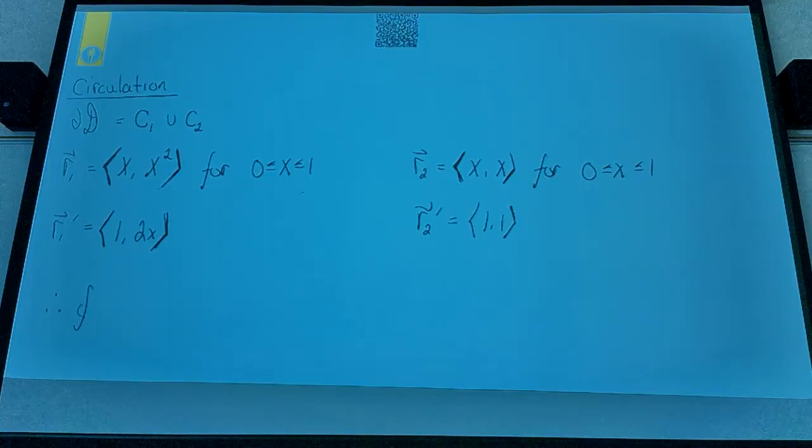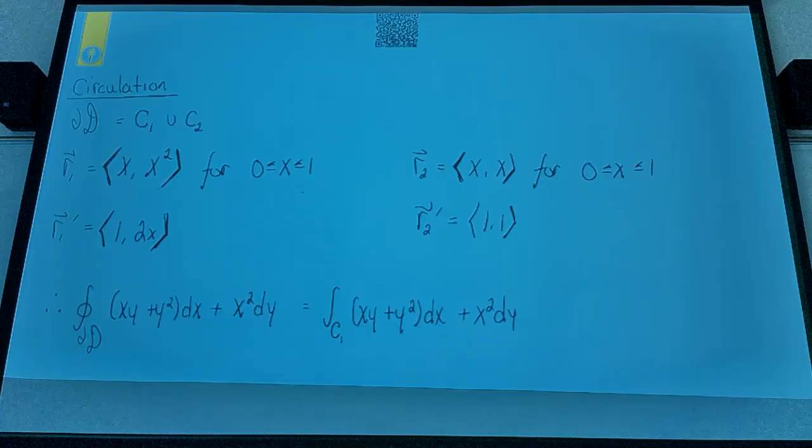So our circulation would be the integral on C1 minus the integral on C2.